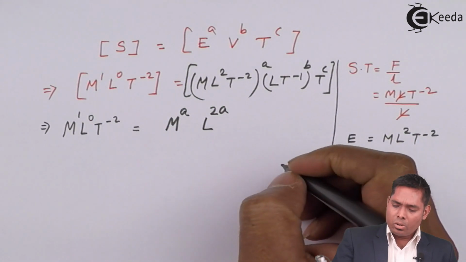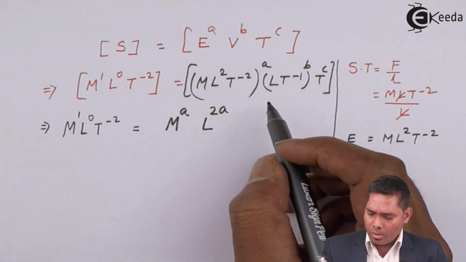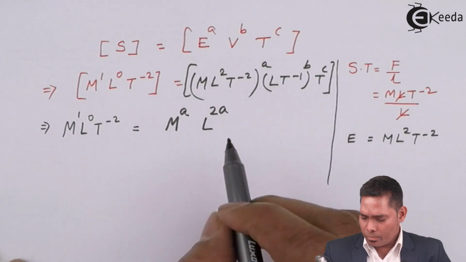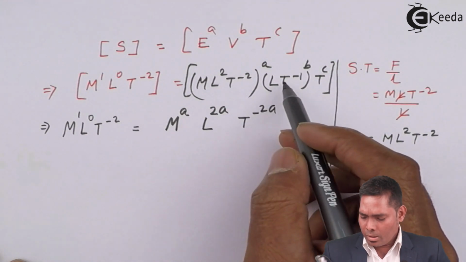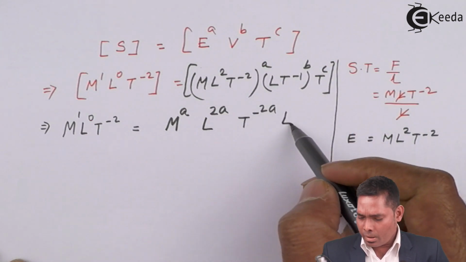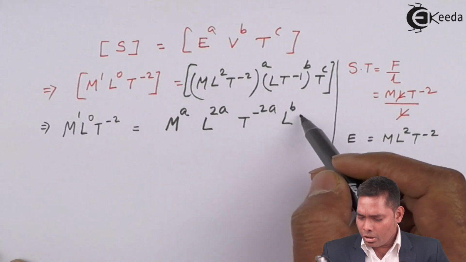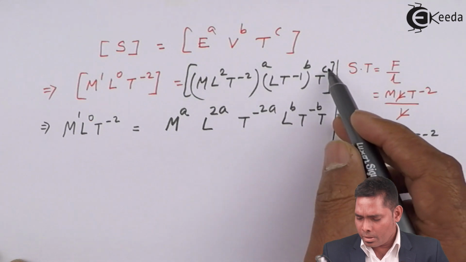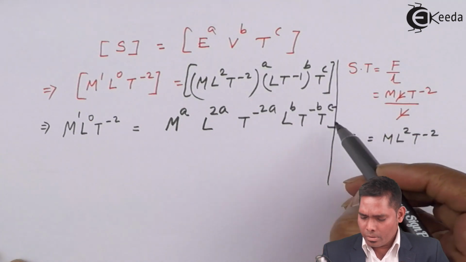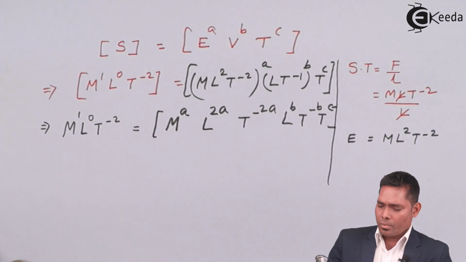Then T to the power minus 2a, here L to the power b, T to the power minus b, and T to the power c here. So this is the dimension.